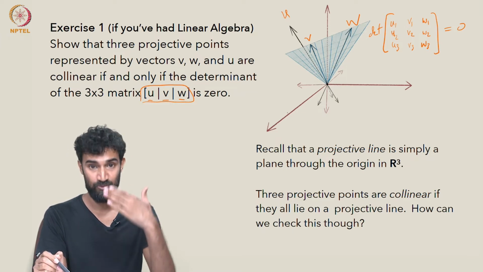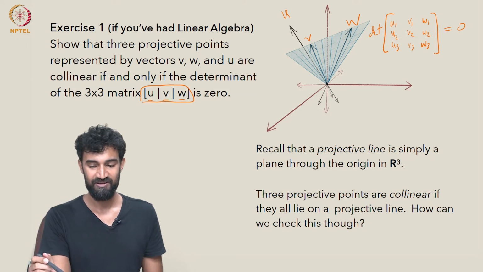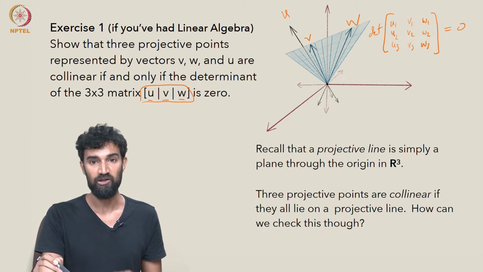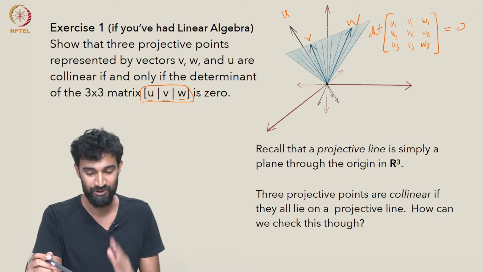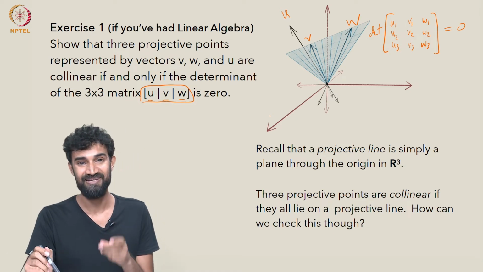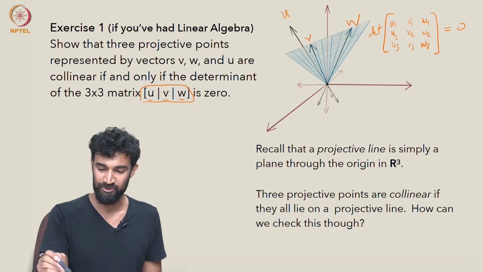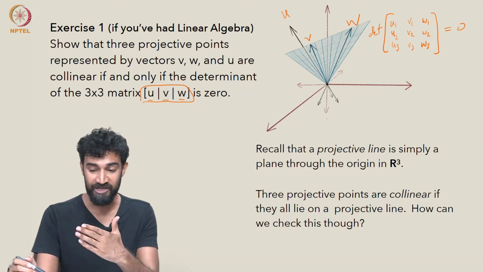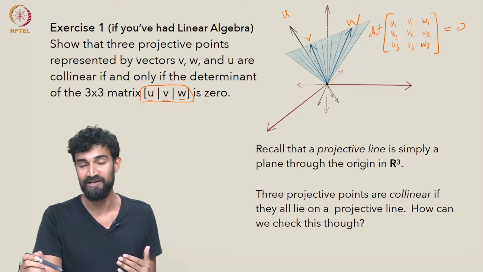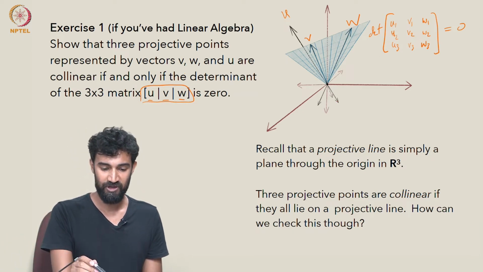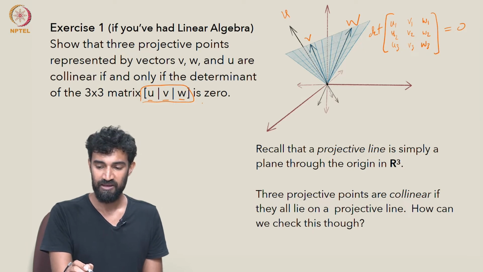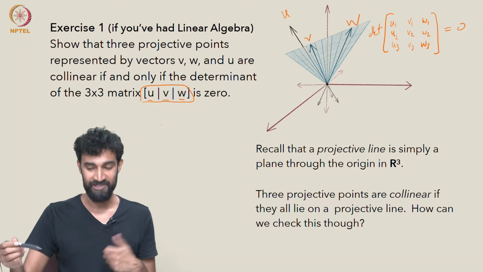They're not all lying in one plane through the origin, so they're not all lying on one projective line. Remember, a projective line is a plane through the origin. A projective point is a line through the origin. So these three projective points in this picture are not collinear, and therefore the determinant should not be 0. And it is 0 if and only if they're collinear.